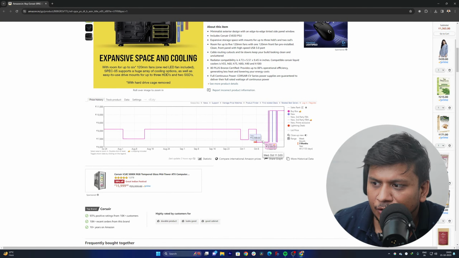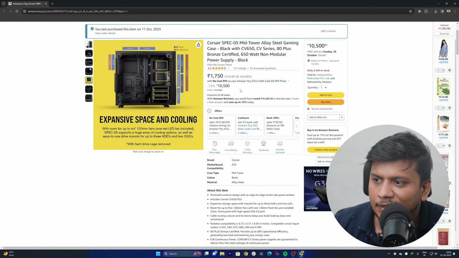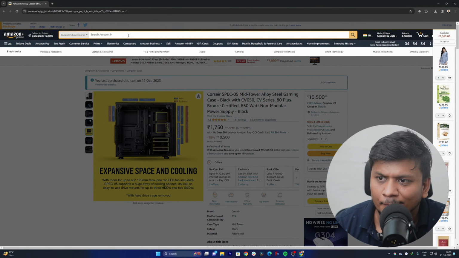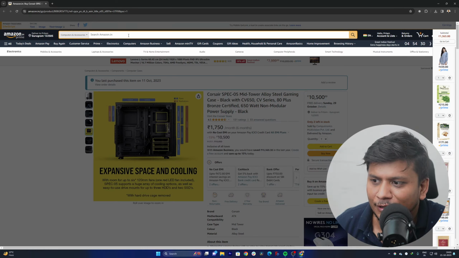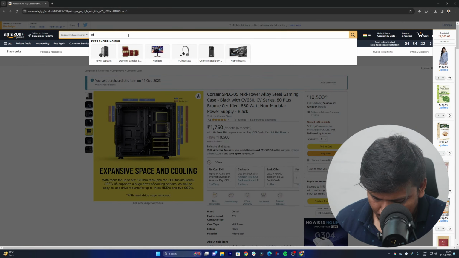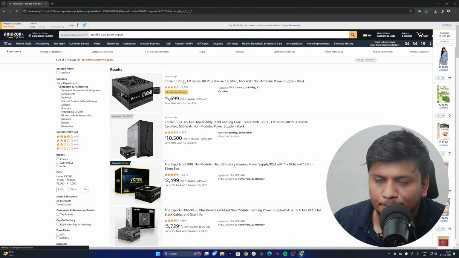It cost me only 6,600, or 6,599 to be precise, but now it is costing 10,500. But not to worry, I can show you one other alternative, because I will not recommend this price. You get both items. You can go with the 650 watt power supply actually.